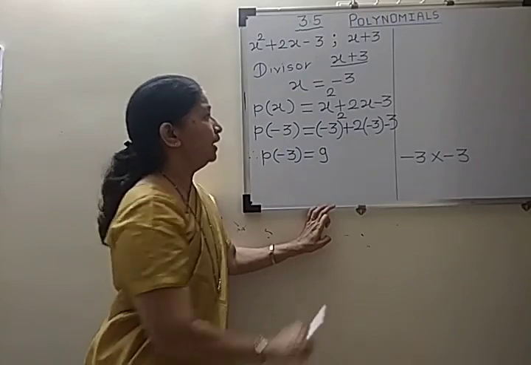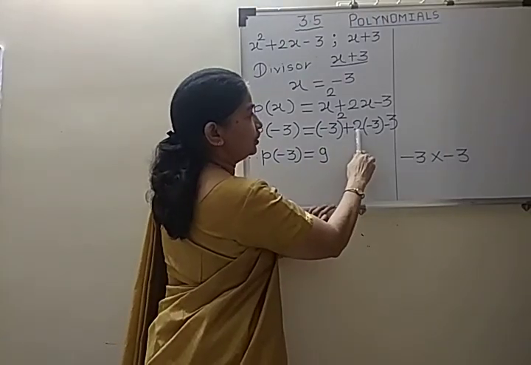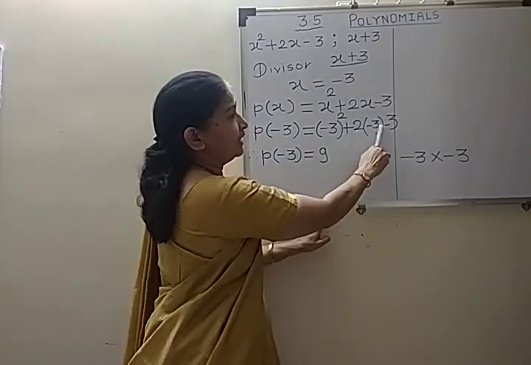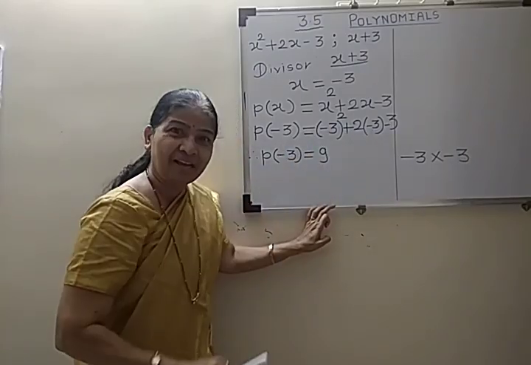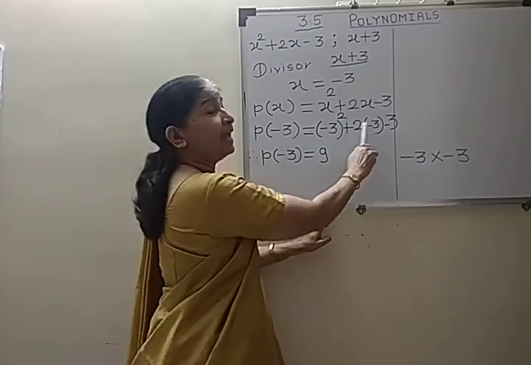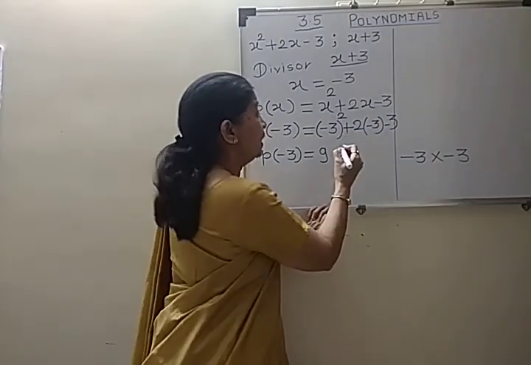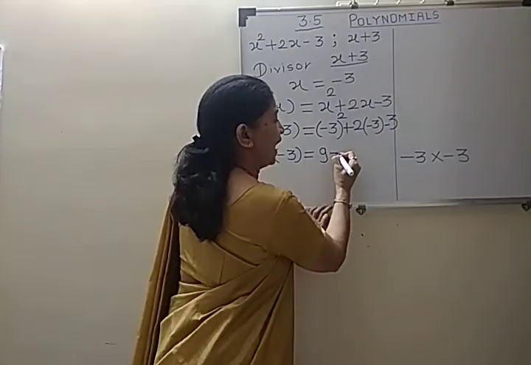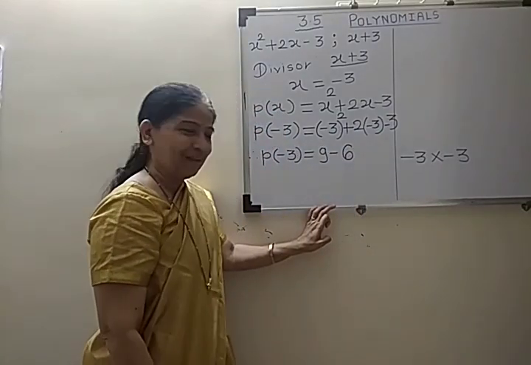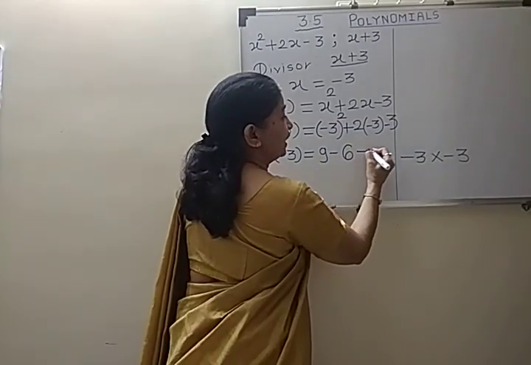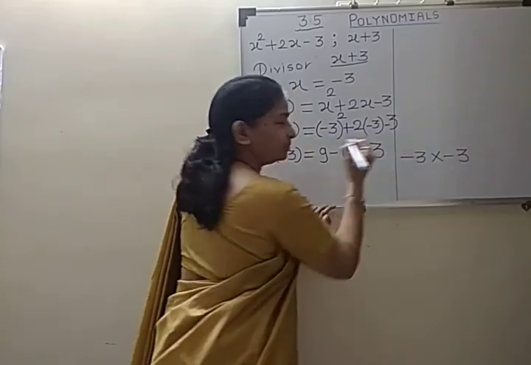Next, 2 threes are 6, but plus into minus in multiplication comes as minus. So 9 minus 6, and minus 3 as it is.